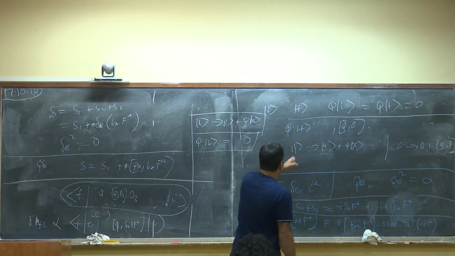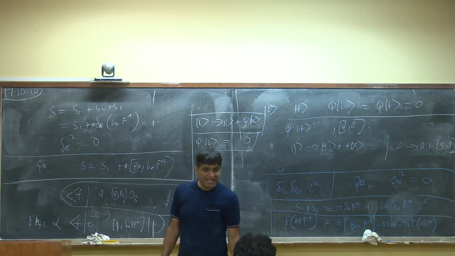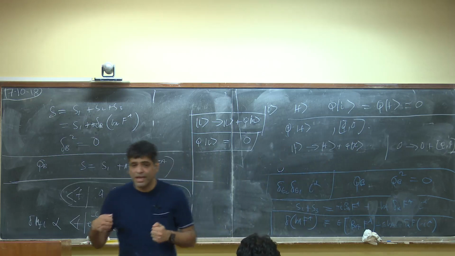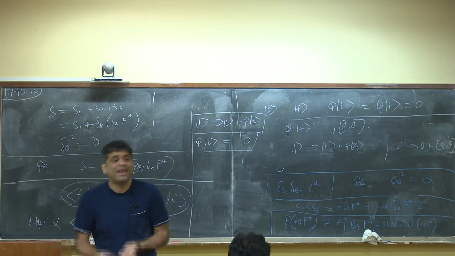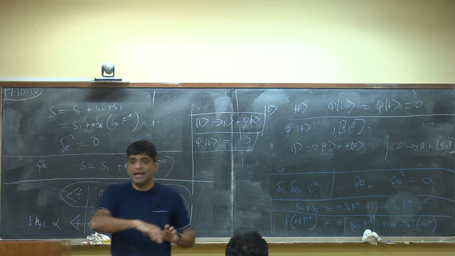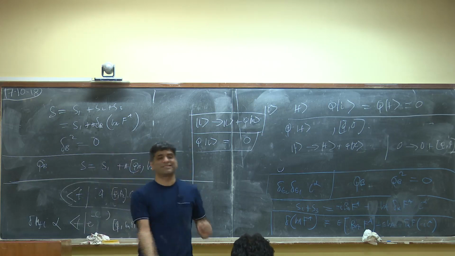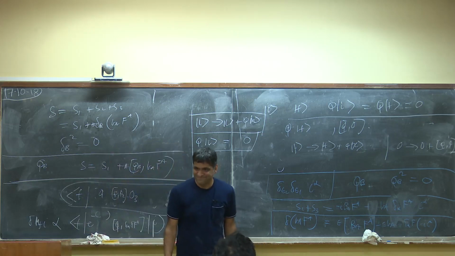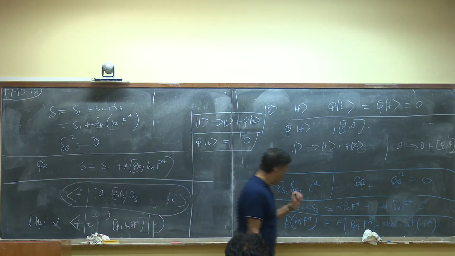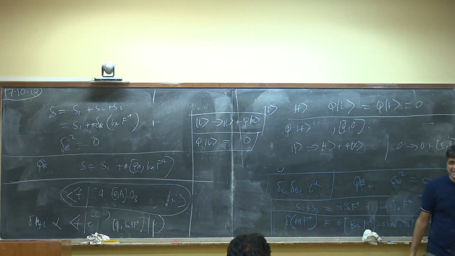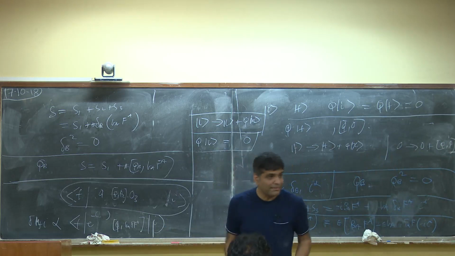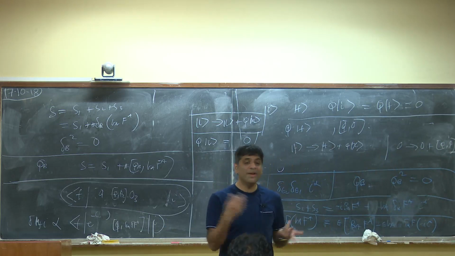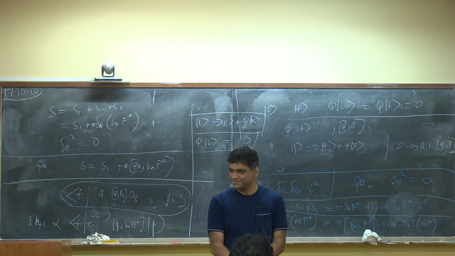So the set of physical states is identified by all states annihilated by Q, modulo states that are Q exact. So it's identified with equivalence classes of states. And the set of operators is identified by allowed operators annihilated by Q, modulo those that are Q exact. Is this clear?